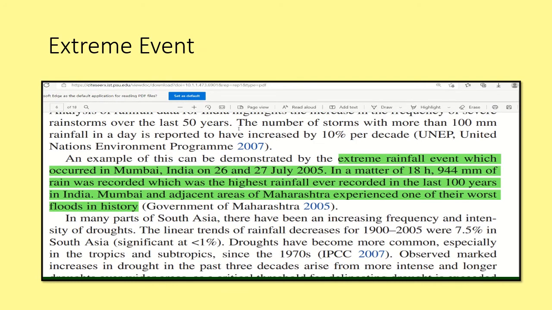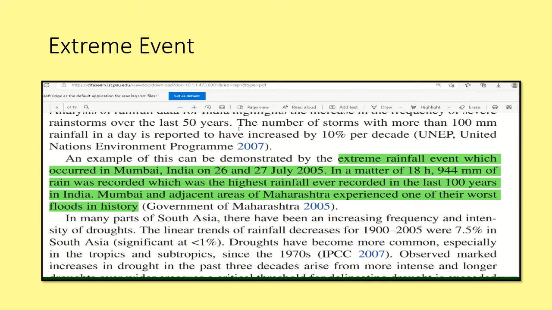Extreme climatic events like heavy precipitation have been very common in India since the last 2 decades. We can take the example of the Mumbai rainfall on 26 and 27 July 2005. Within 18 hours, 944 millimeters of rain was recorded in Mumbai.